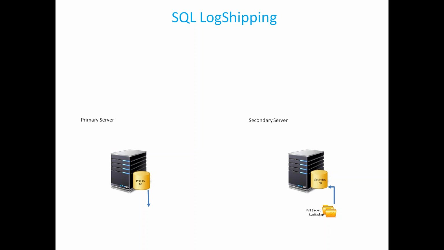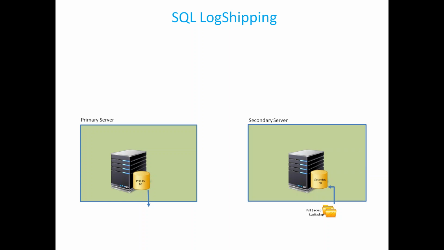So once you are done with this backup and restore, the next thing we need to do is create a backup folder on the primary server. It is required because when we take log backups of our primary database, we need to keep them locally on our server. So to keep those log backups, we create a backup folder, and that folder should be shared with your secondary server.